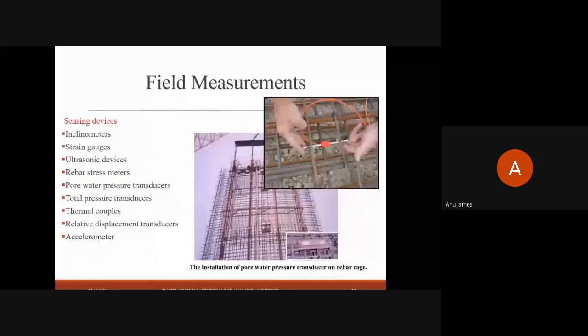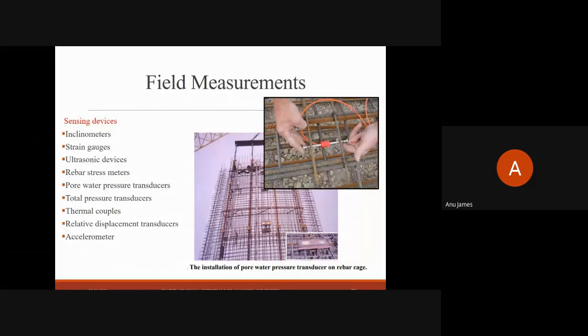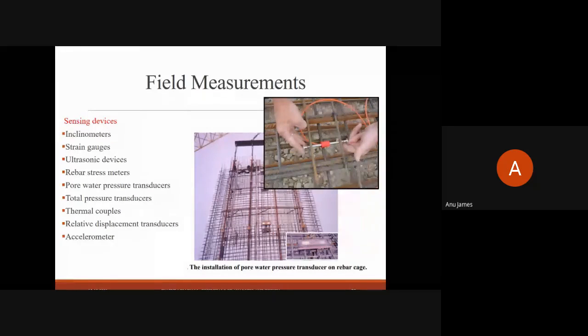To assist in forecasting these different failure modes or to determine the excavation induced behaviors, several sensing equipments are installed on a diaphragm wall system, such as inclinometers for field deformation measurements, and transducers for measuring the pore water dissipation, etc. This is an image showing a reinforcement cage which is installed with a pore water pressure transducer.